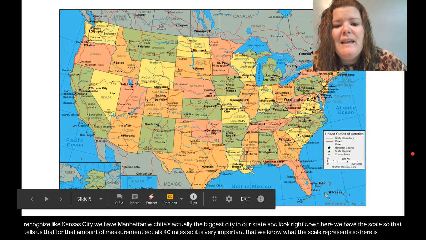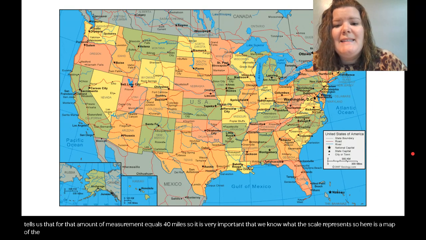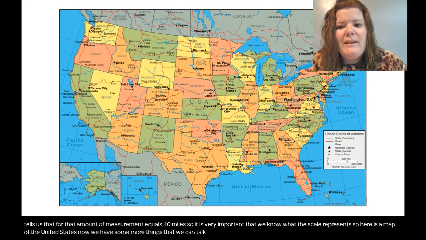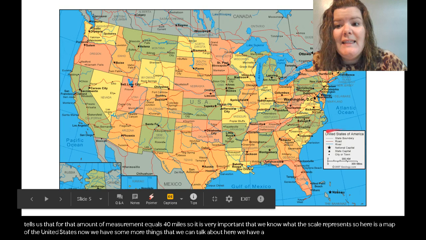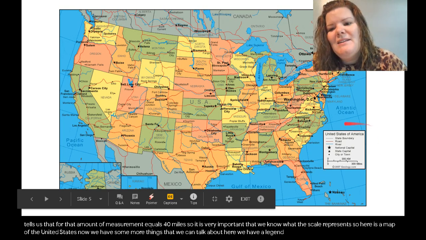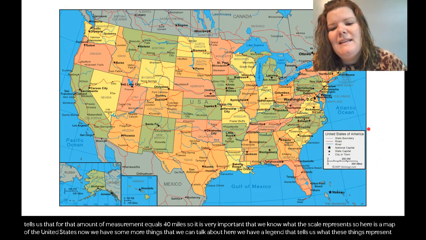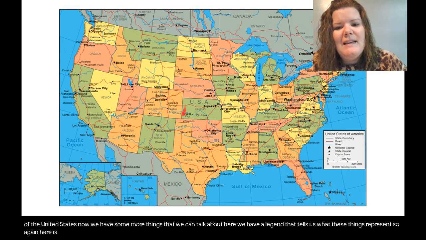So here is a map of the United States. Now we have some more things that we can talk about here. We have a legend. That tells us what these things represent. So again, here is Kansas, and Topeka has a star because it is a state capital.